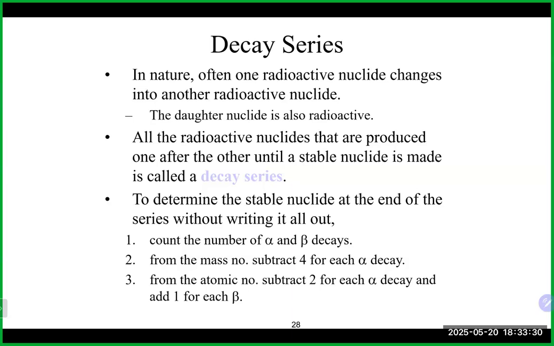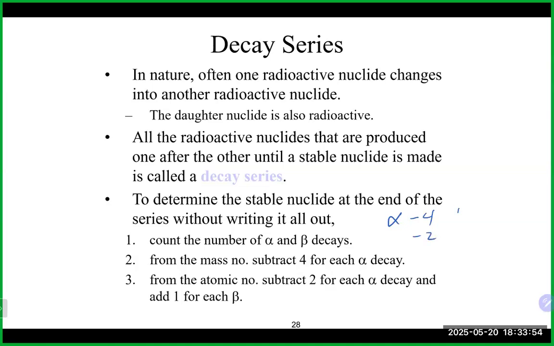Now, if you want to count the number of alpha and beta particles, there's a quick way you could get to the end product if that's all you're interested in. For every alpha decay that it goes through, you subtract 4 from the mass number and 2 from the atomic number.